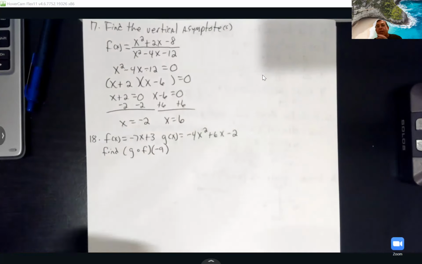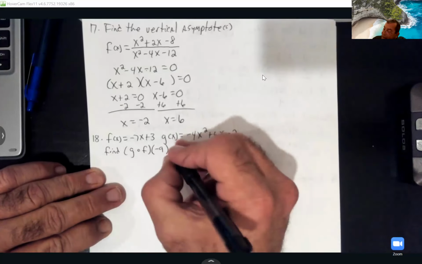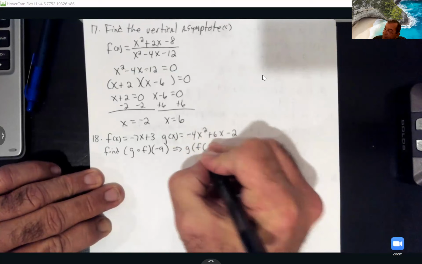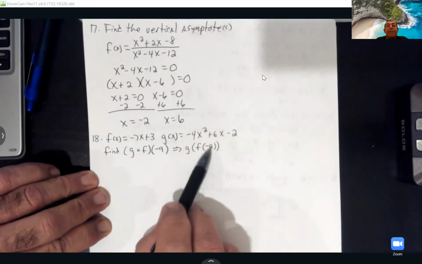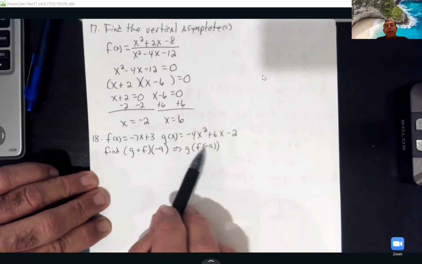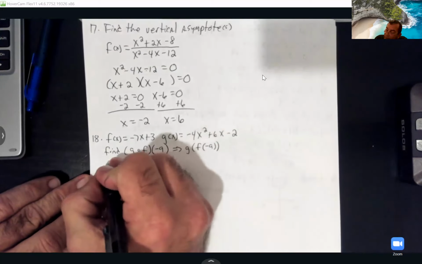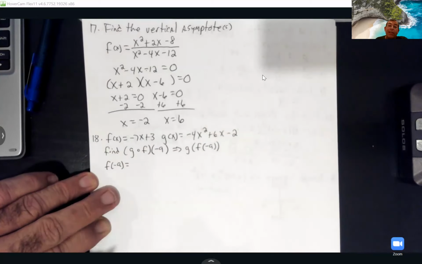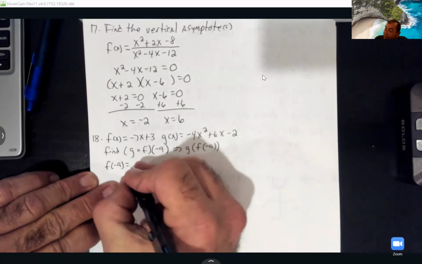So this was the composition stuff. So g compose f of -9 means g of f of -9. So remember, we find f of -9 first. Whatever answer we get for f of -9, we put into the g. So these are like two-step equations, okay? So let's put a -9 into the f equation first.